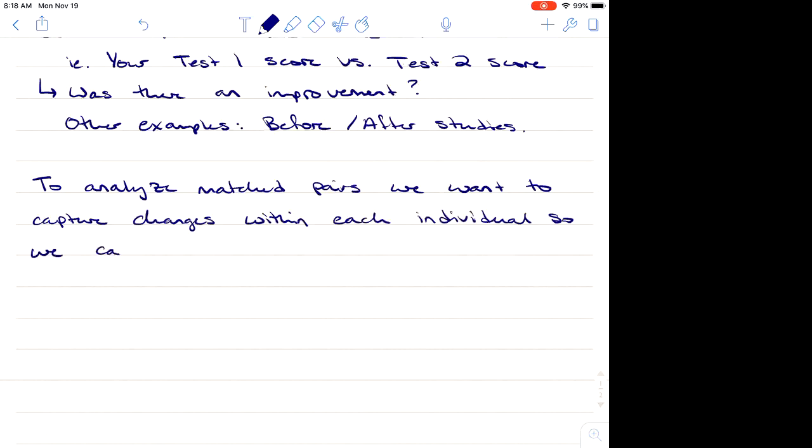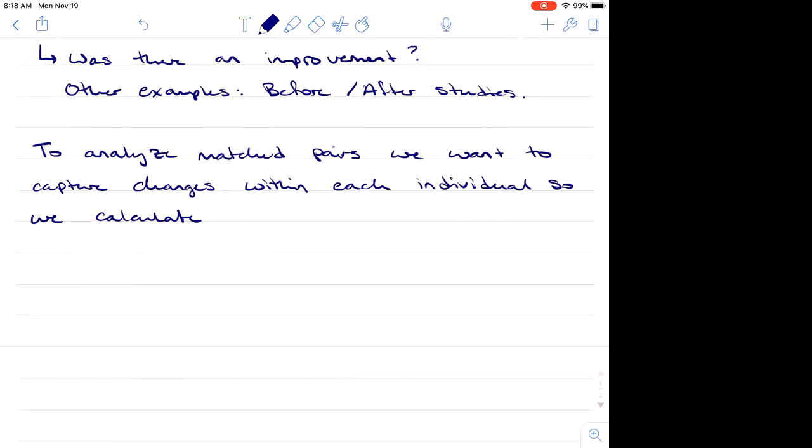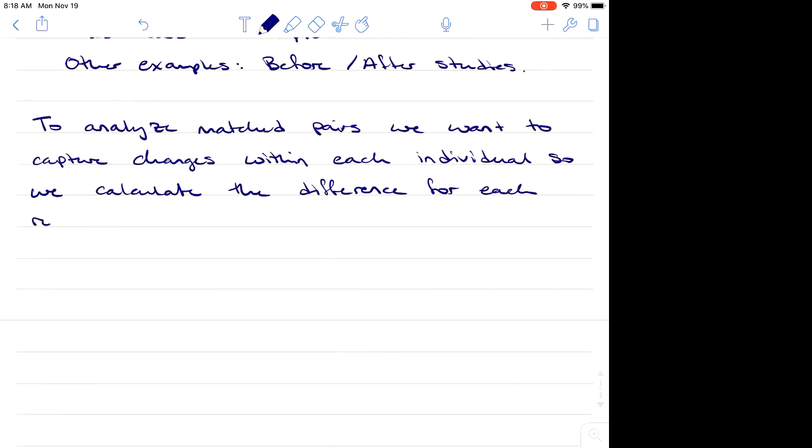So we calculate the difference for each row. Each individual has a row.